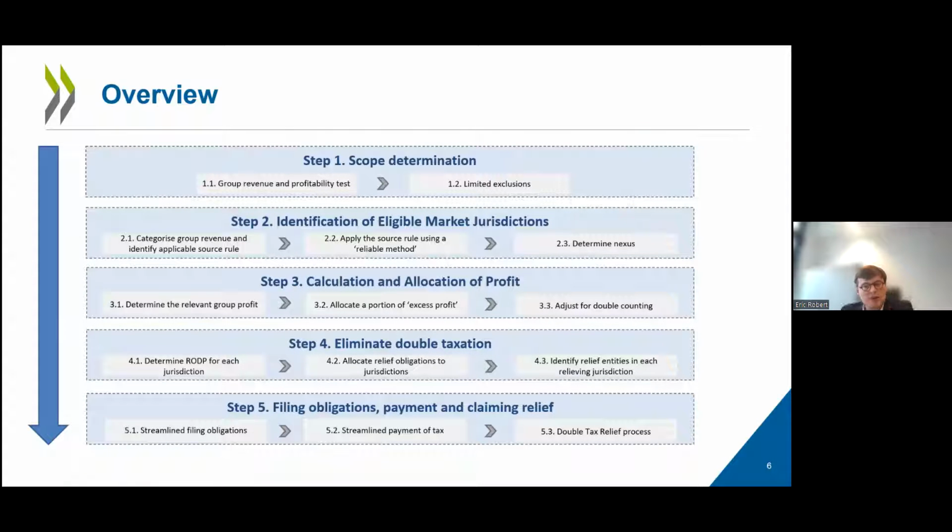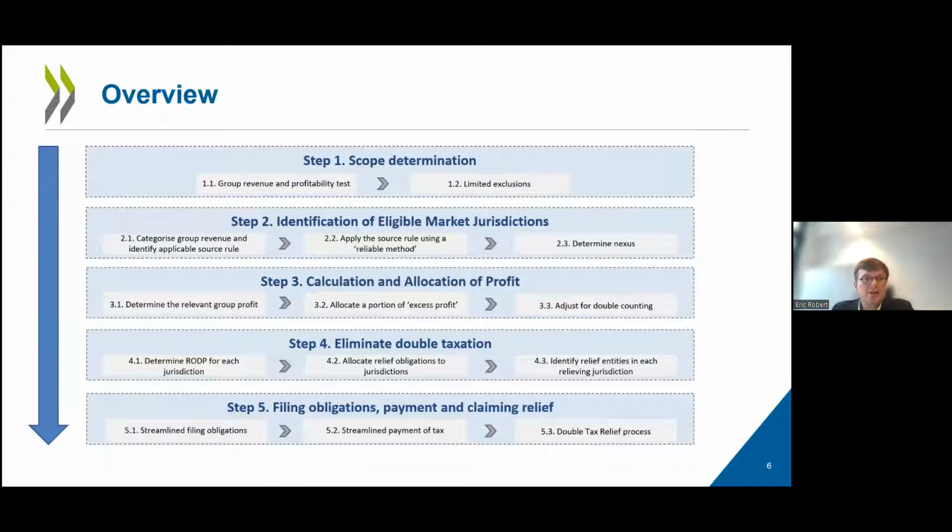But subject to those inputs, once you have built them, and there's a certainty process obviously available to support that, you can basically put those inputs into the system, and those rules, which are largely formulaic, will do the rest of the work for you and determine how much profit is allocated to each jurisdiction.